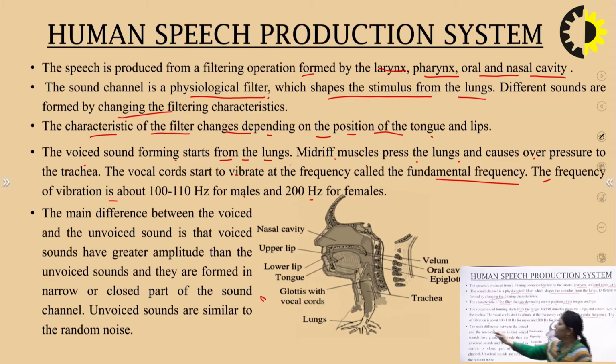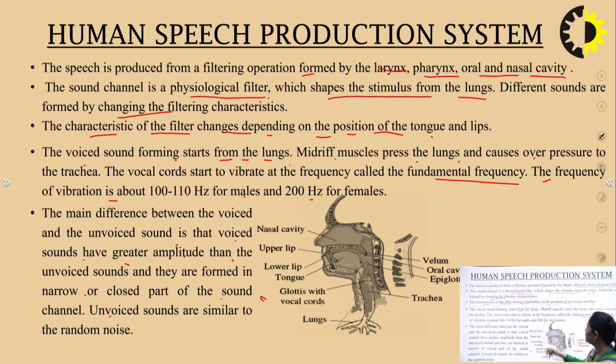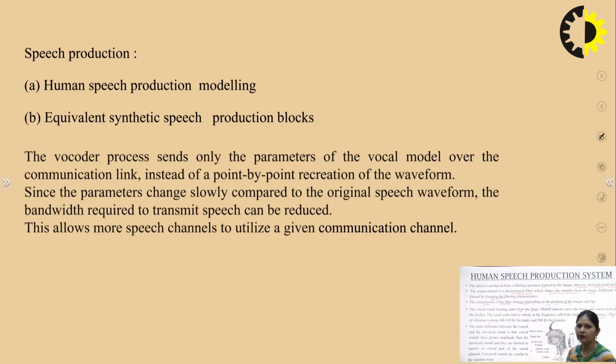The main difference is that voiced sounds have greater amplitude than unvoiced signals and are formed in a narrow or closed part of the sound channel. Unvoiced sounds are similar to random noise. That's why in the last slide, unvoiced sounds were generated by the noise generator and voiced sounds by the impulse generator. So these are all the parts involved in human voice generation.